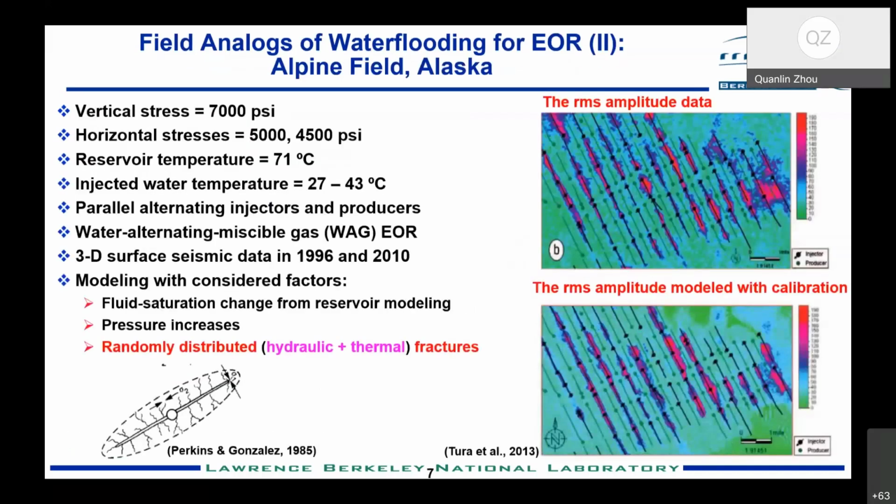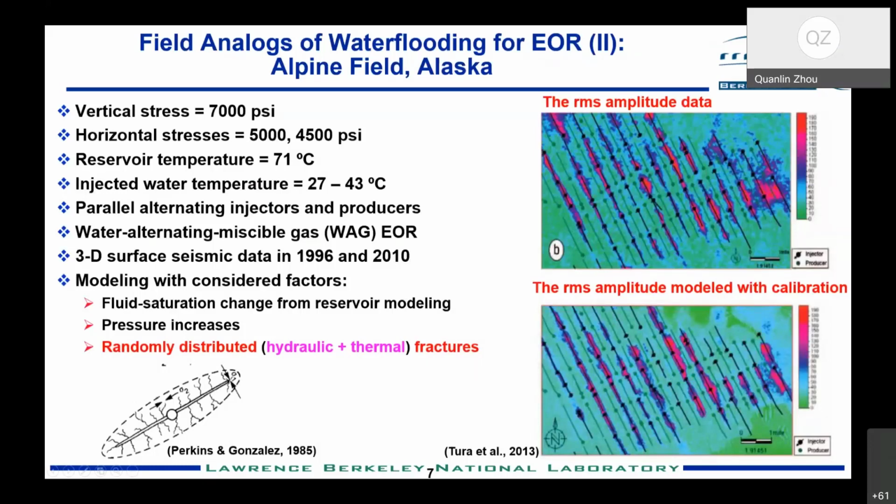These are the only seismic images I know of that show the combined effect of hydraulic and thermal fracturing in horizontal injection wells over 10 years. The top figure shows data with alternating horizontal production wells and injection wells.